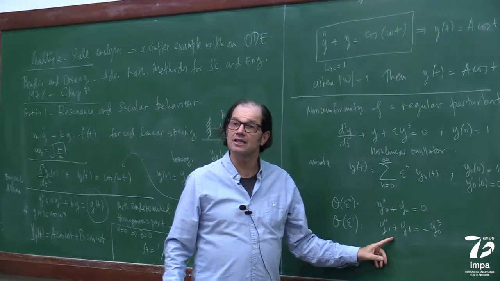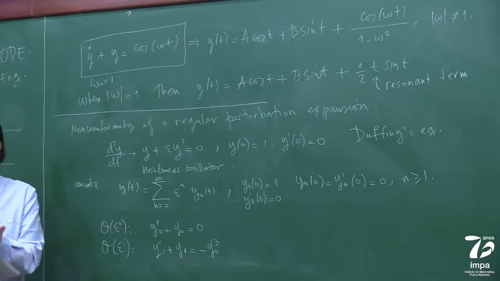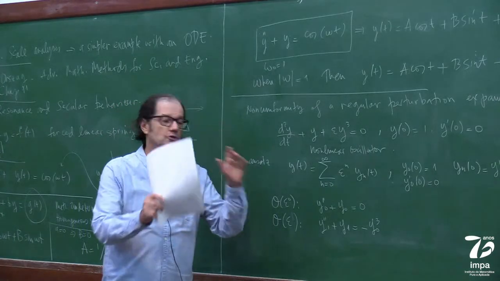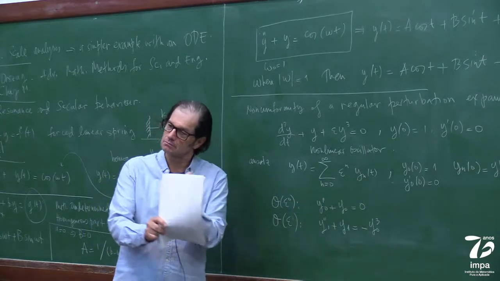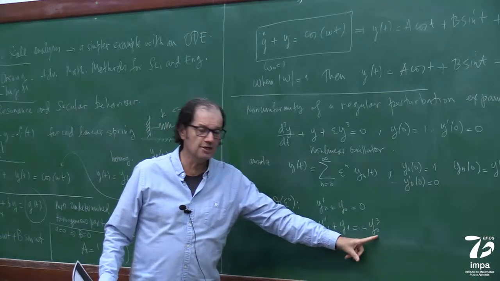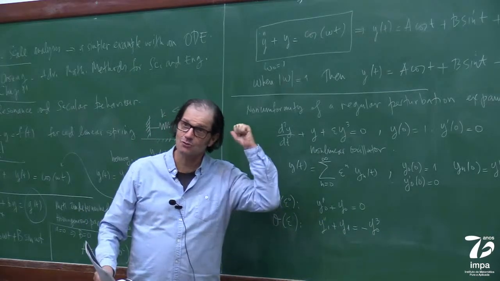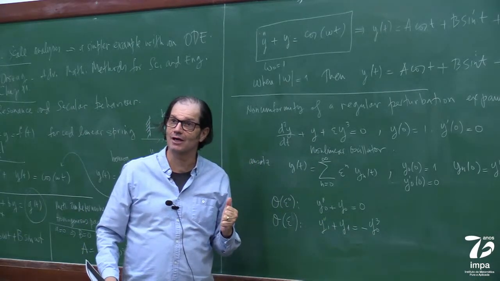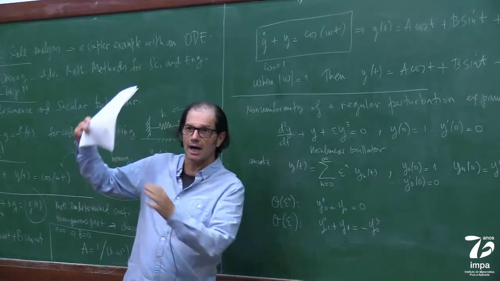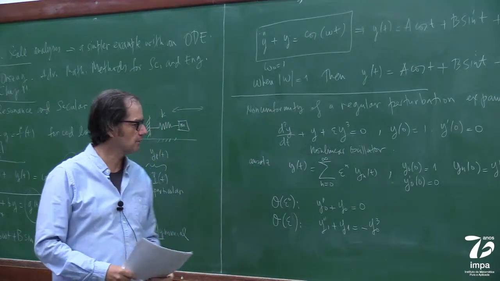This is a linear equation. Remember I mentioned we get a hierarchy of linear equations that we have to solve to gradually go correcting our solution. This equation here is linear, exactly like the ones we did before.